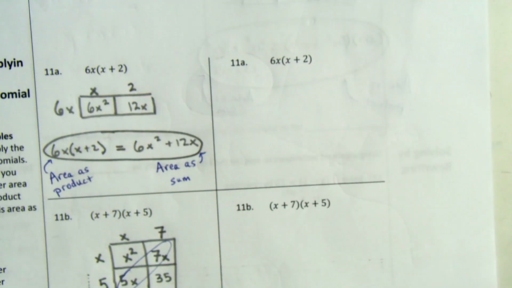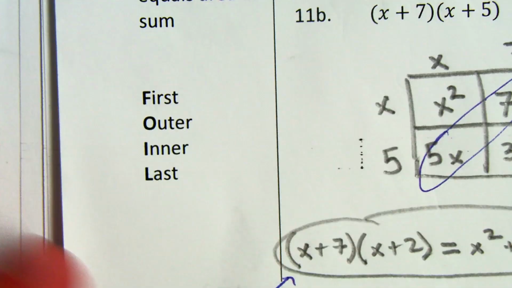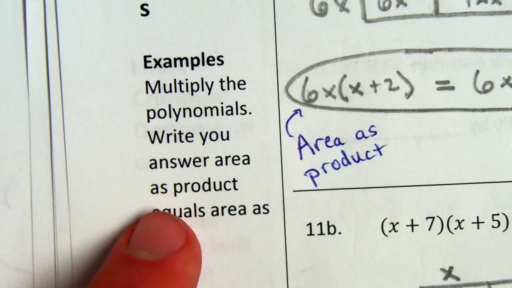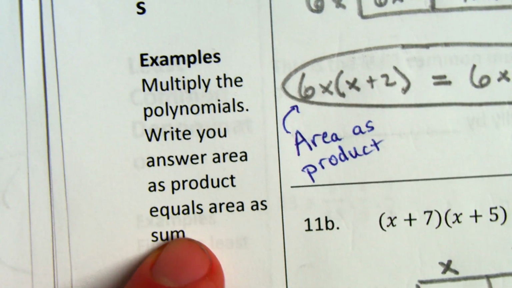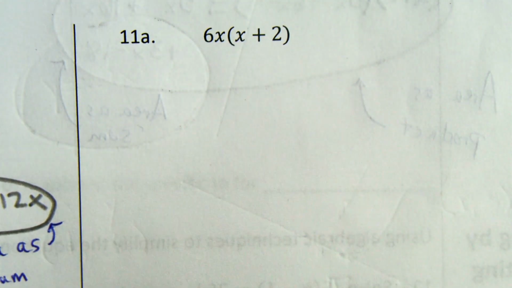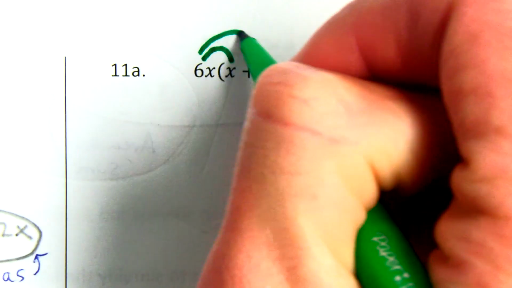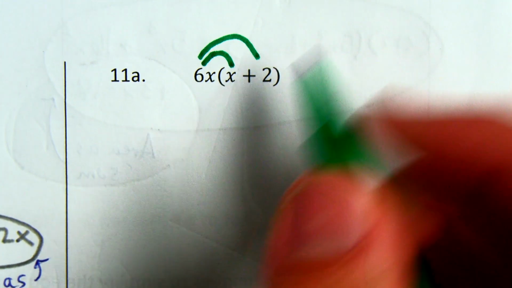Let's apply the FOIL method to 11a. The instructions are to multiply the polynomials, write your answer as area as product equals area as sum. So 11a. With the FOIL method, how it works is if you have a single term times a binomial, just distribute.